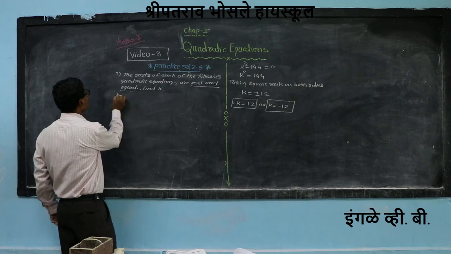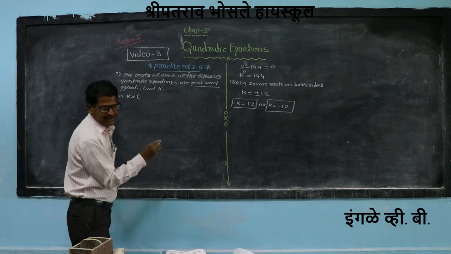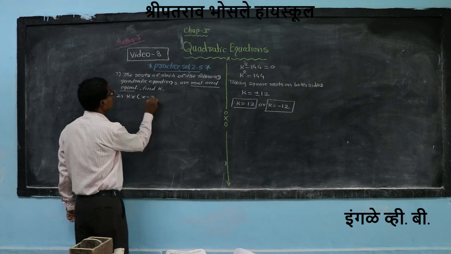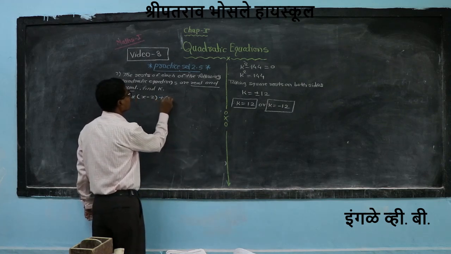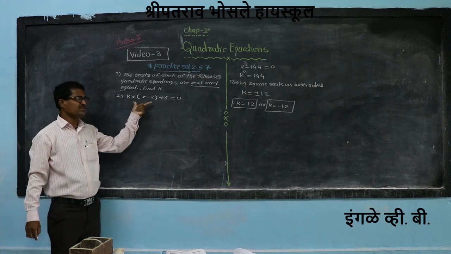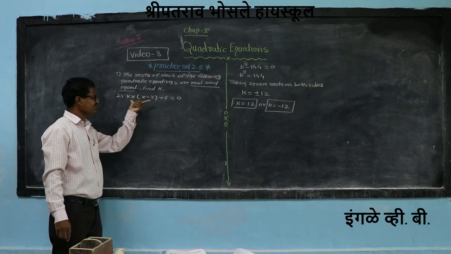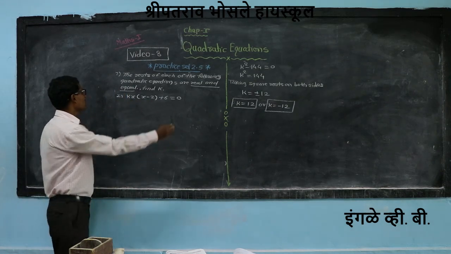Number 2: kx(x - 2) + 6 = 0. The given equation is not in the standard form, so we first have to convert this equation into the standard form and compare it with the general form.